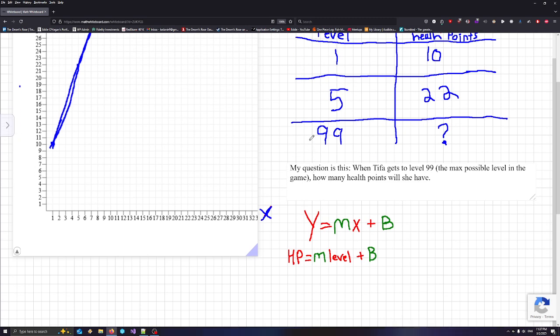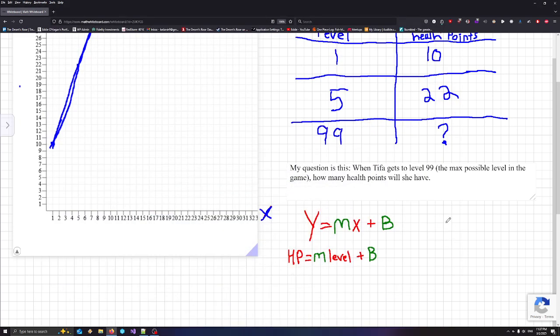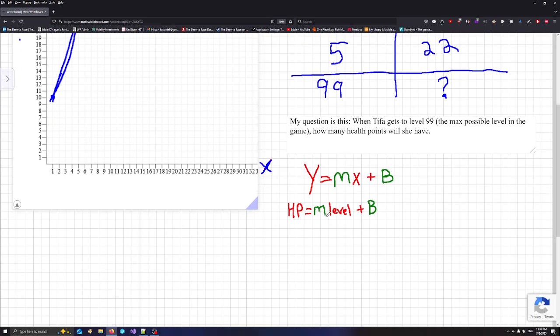Hold on one second. Okay, as you can see, we need to first get m and b to be able to really use our formula.